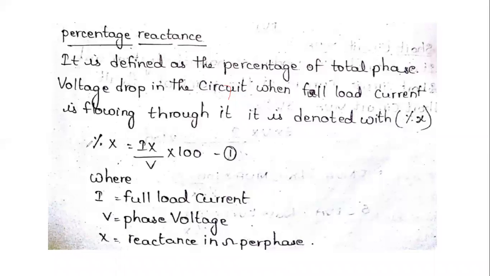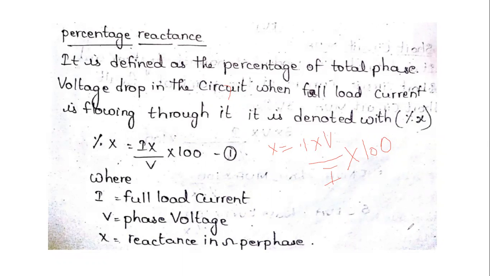By using the percentage X equation, we can write the formula for X, the reactance. Therefore X is equal to percentage X into V by I into 100, where X is the reactance, V is the phase voltage and I is the full load current.